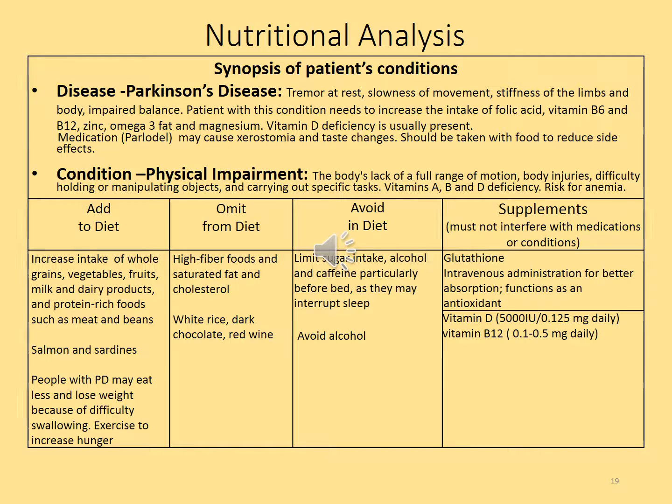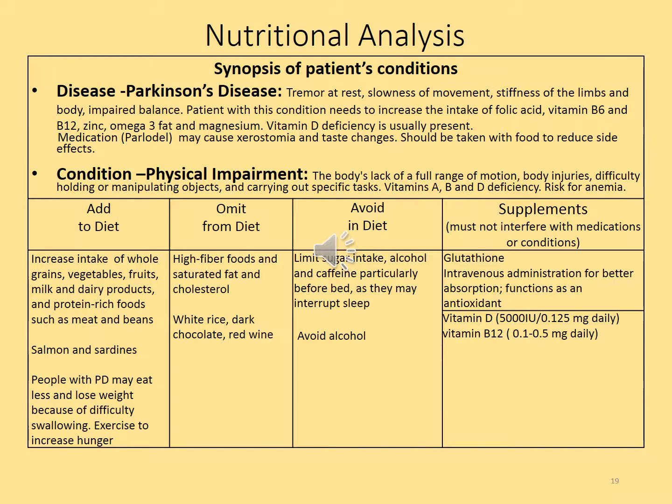Nutritional analysis. Disease: Parkinson's disease. Symptoms: tremor, rigidity, slowness of movement, stiffness of the limbs and body, impaired balance.